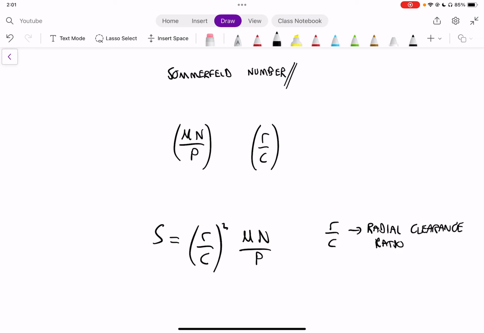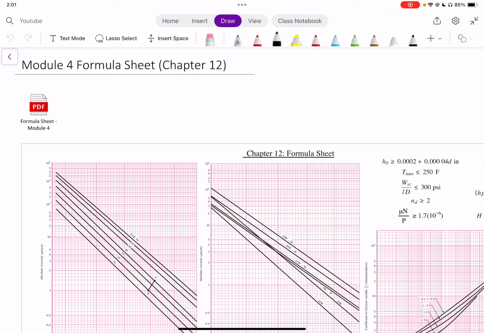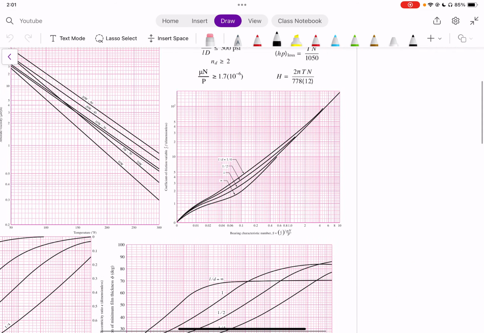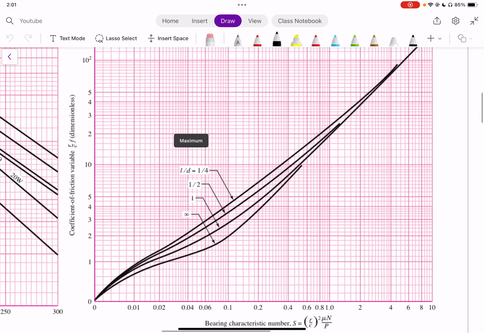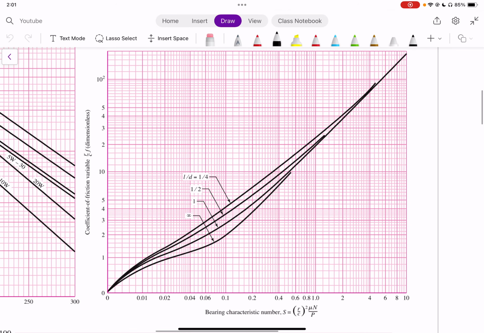Based on this number, we can then go to our charts, and I'll go to the module 4 formula sheet. If we go to, for example, a chart for friction, you can find your bearing characteristic number, which is also called the Sommerfeld number, S equal to r over c squared mu n over p, on the x-axis.